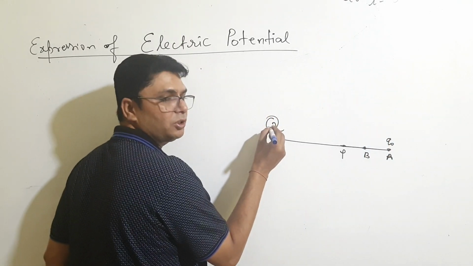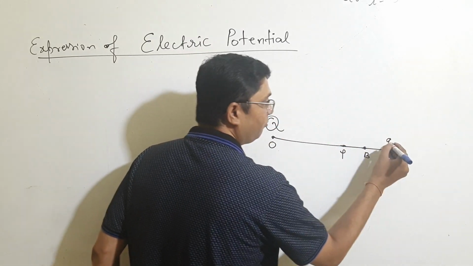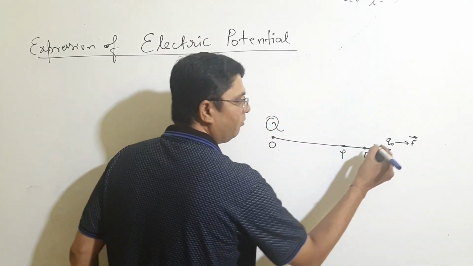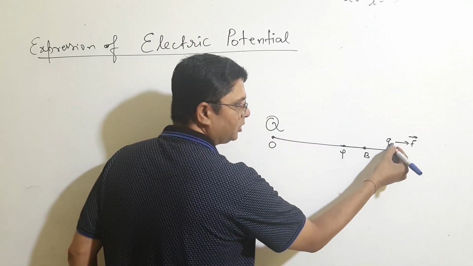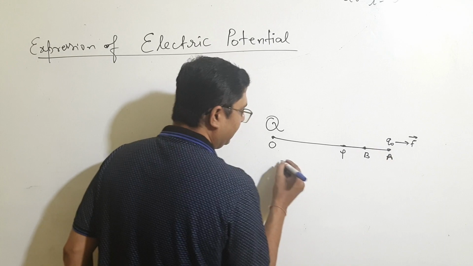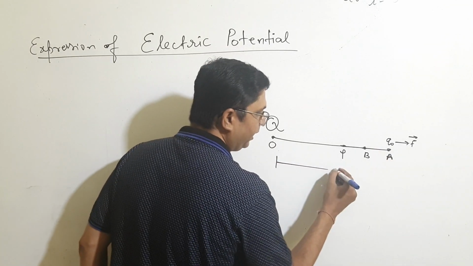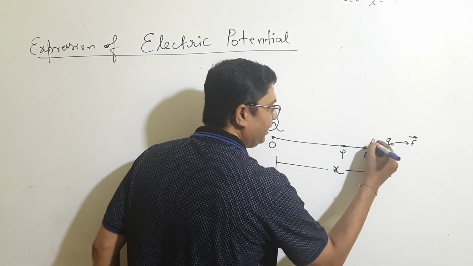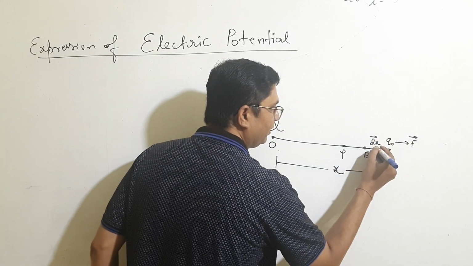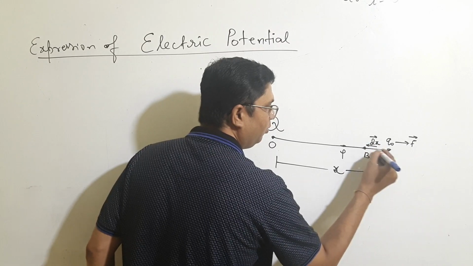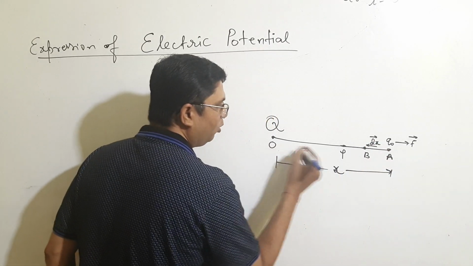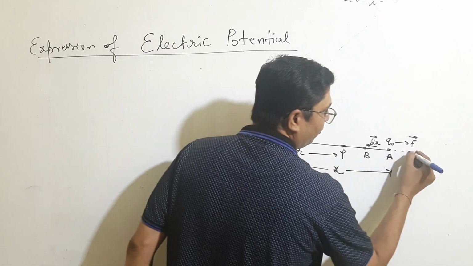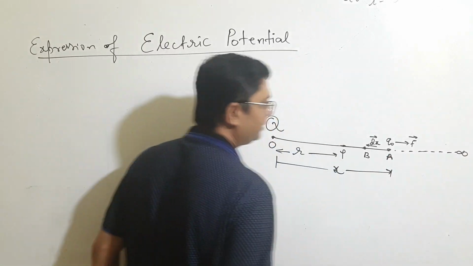Since this is a source charge Q, it applies a force F on this Q naught, and we are moving this charge Q naught from A to B. Let the distance from O to A be x. So the small distance from A to B is dx, moving in this direction from A to B. And let O to P be R, and moving forward we have infinity.